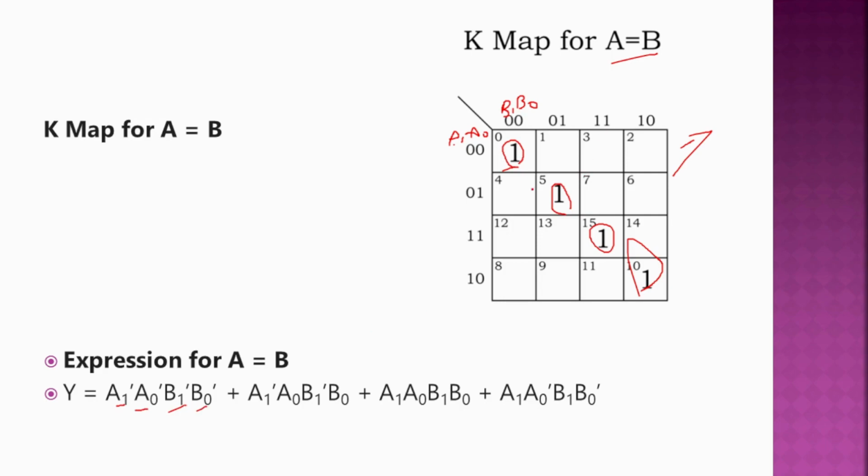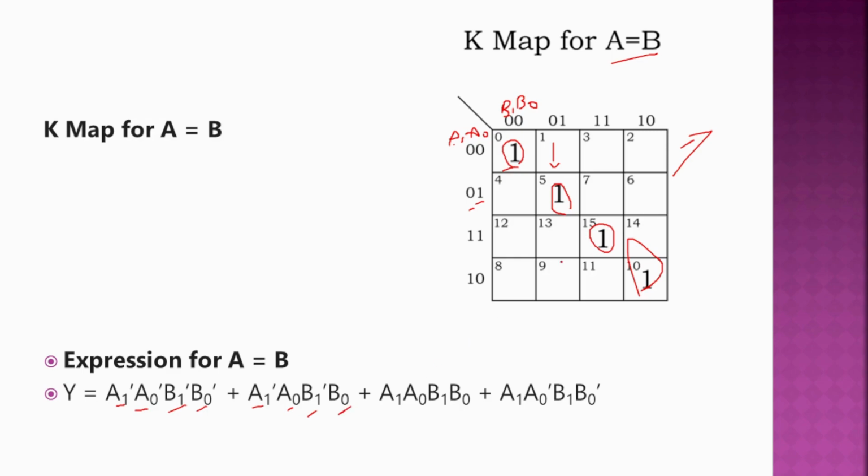In this one, A1 is equal to 0, which means you need to fill as A1 dash. And A naught value is 1, so you fill it as it is, A naught. And here the B1 value will be 0, so you need to fill B1 dash. Afterwards the B naught value is 1 here.